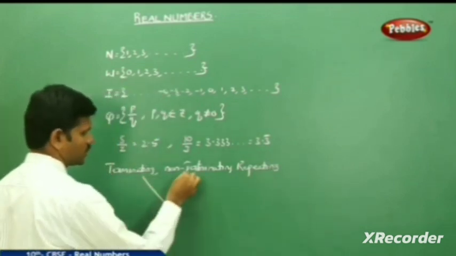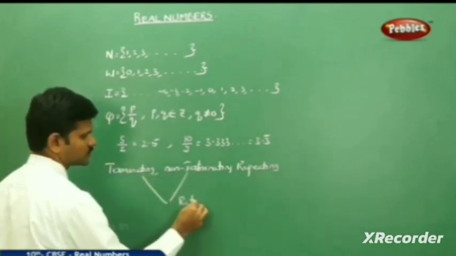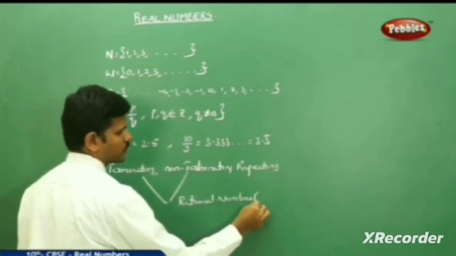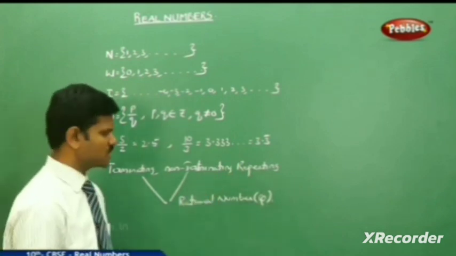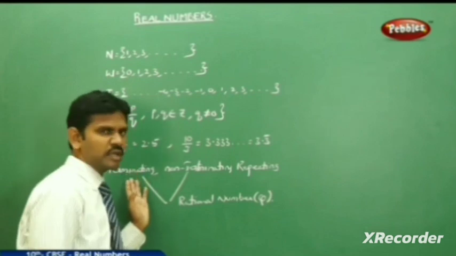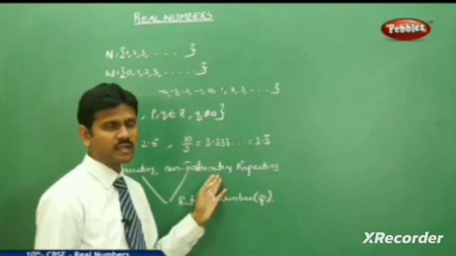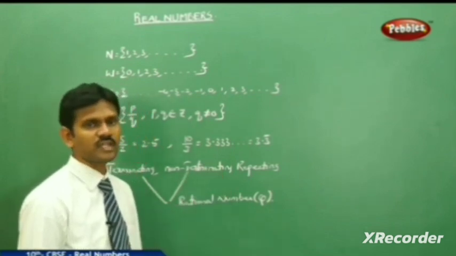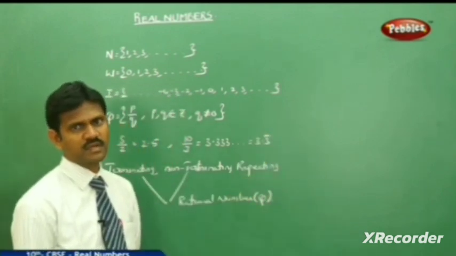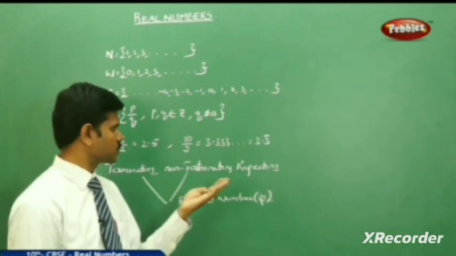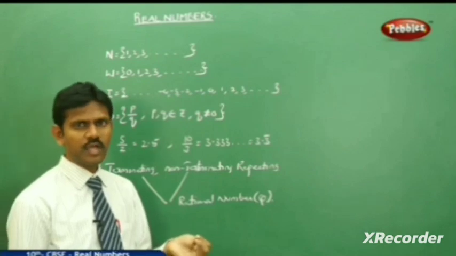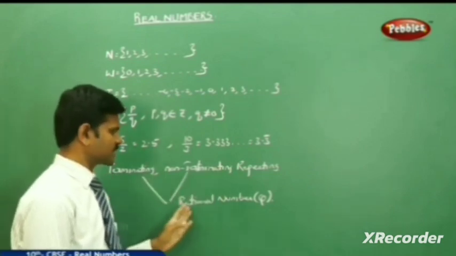These two are called rational numbers, denoted with Q. That means every rational number can be expressed as either a terminating or a non-terminating repeating decimal. Then one more thing: decimals are of 3 types. Number 1 terminating, number 2 non-terminating, number 3 non-terminating repeating. Among the 3, 2 are selected as rational numbers.